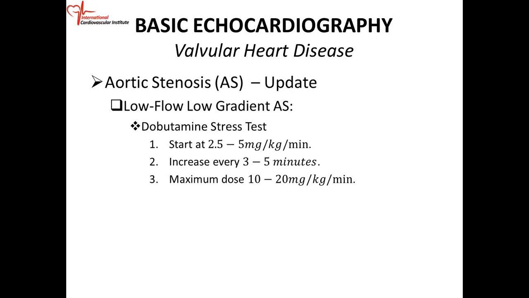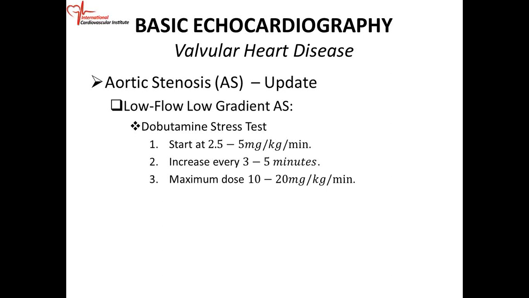It's on the test. So the dobutamine stress test can distinguish these two groups of patients. And we use low dose dobutamine. We use a dose of 2.5 to 5 micrograms per kilogram per minute. When we're doing the regular dobutamine stress test, we use 5 micrograms per kilogram per minute up to 40 or 50.